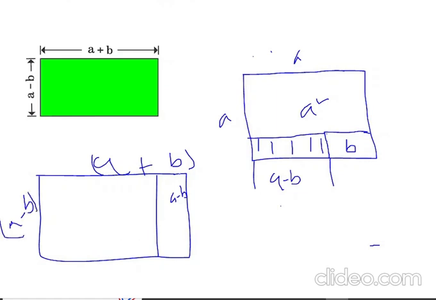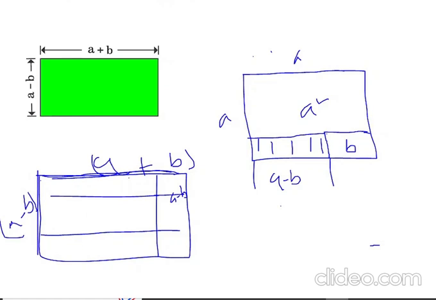Now the total length, as we have added the rectangle of b unit, and our whole length is now a plus b. Here this length is a plus b, vertically a plus b, and horizontally it's a plus b, and vertically a minus b.